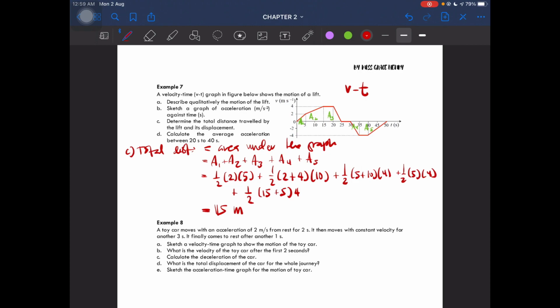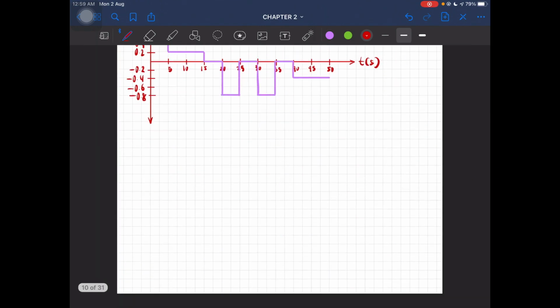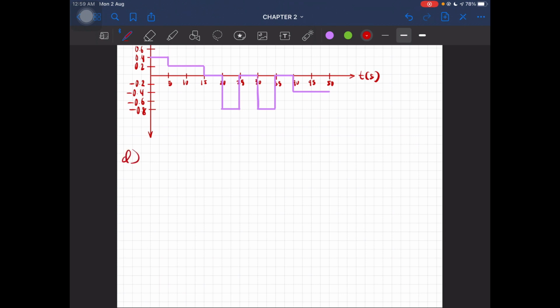Okay, yang last question dia minta apa? Displacement. So for displacement, have to write here lah. Okay, so for displacement can also be equal to area under the graph.